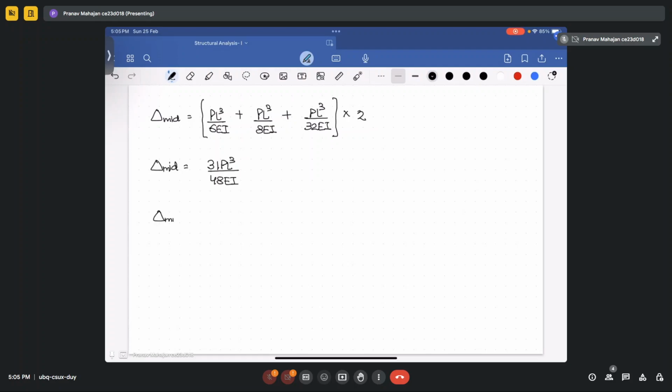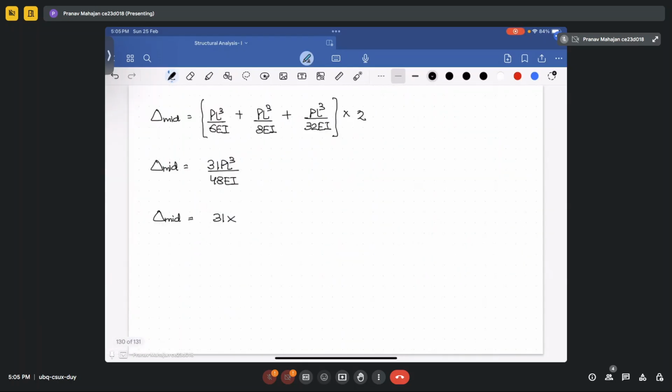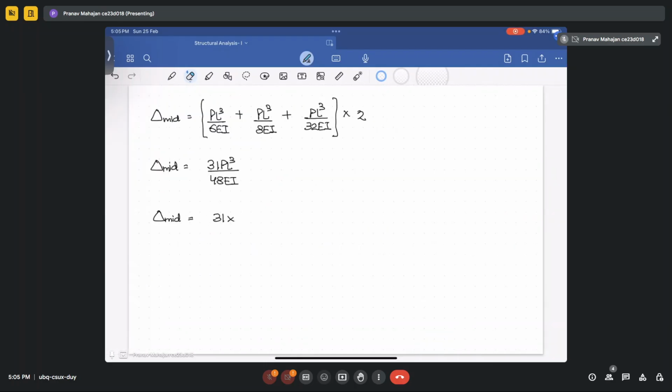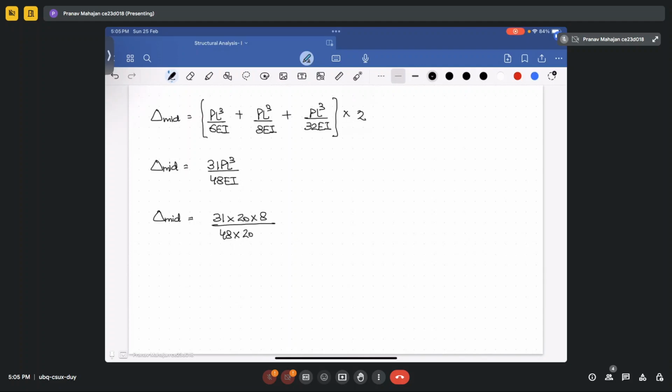Now substitute the values. You have 31 into, what is P? P is 20. L is 2. 20 into 8 upon 48 into E. What is the value of E? 200 into 10 power 9, and I is 8 into 10 power 6.